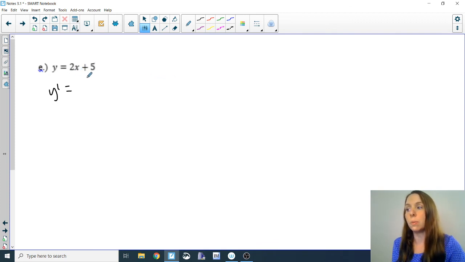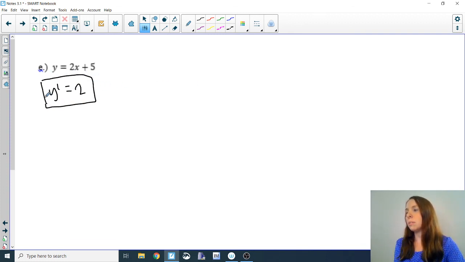We're doing slope, right? Every single point along this function has the same slope, has the same rate of change, and it is 2. Oh, yay, that one's done. It's the slope, right? This is y equals mx plus b. There's your slope. So that's your derivative. Yay.